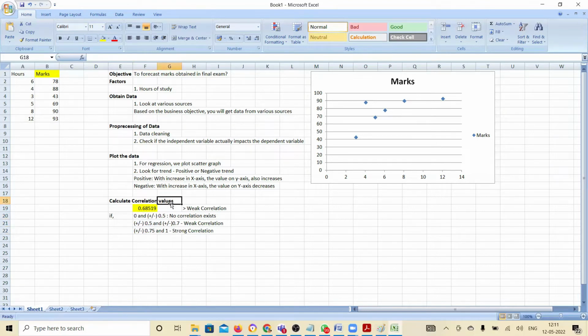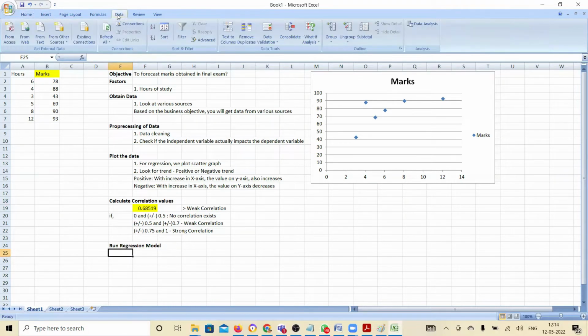Yes? So now that you know the correlation, next we need to predict the values. We will run the regression model. To run the regression model, we have to go to data, and you go to data analysis.